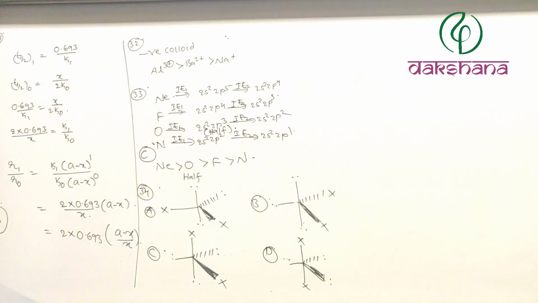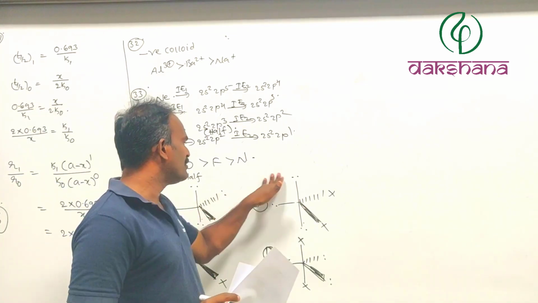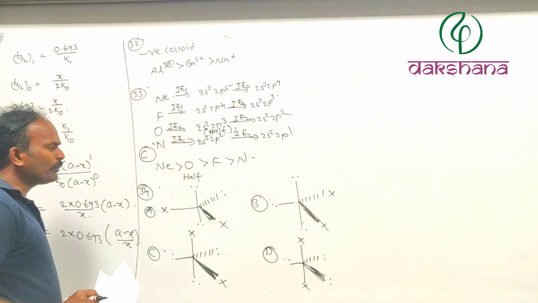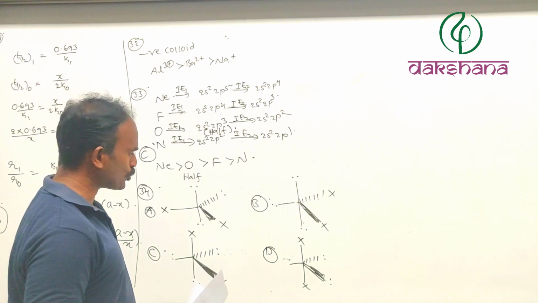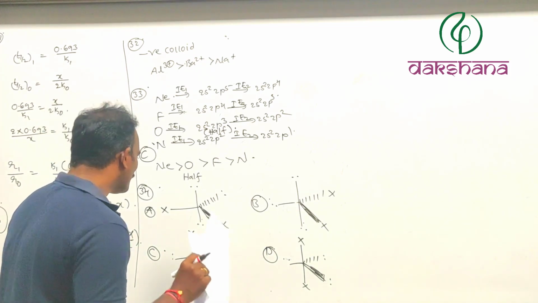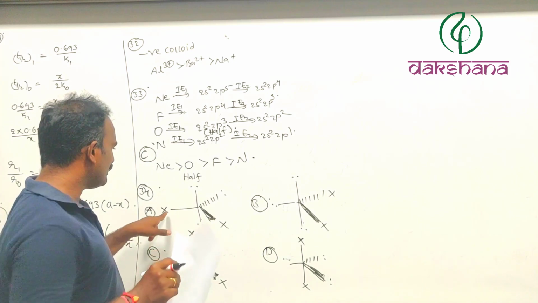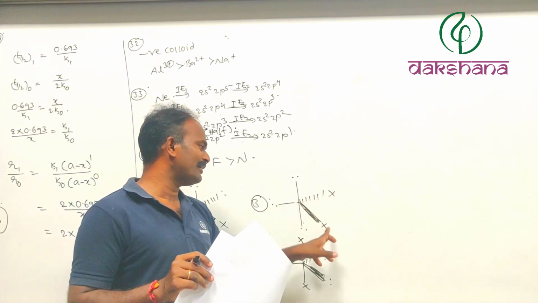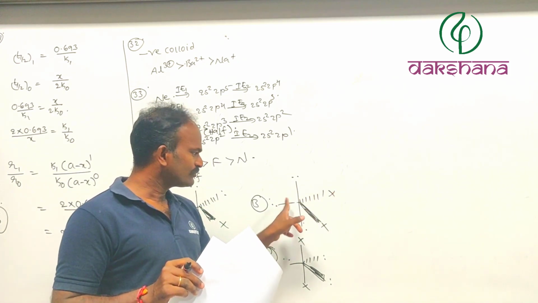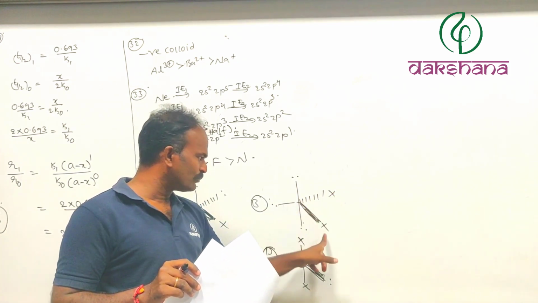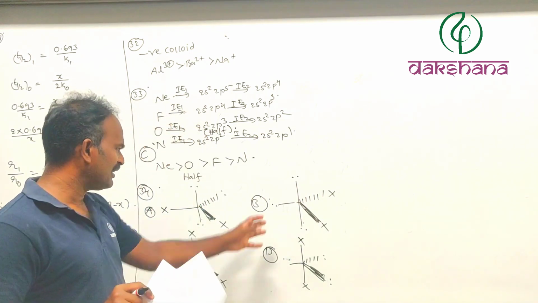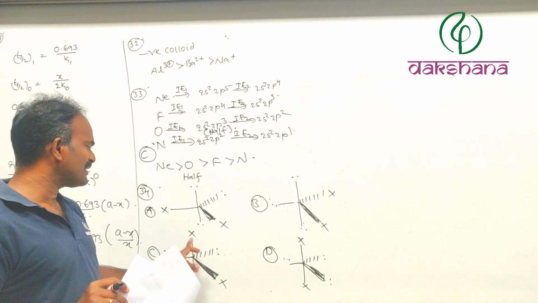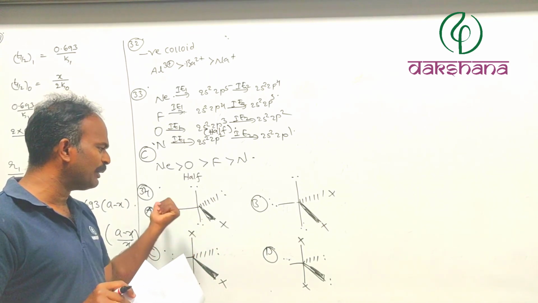When you see these options according to VSEPR theory, the lesser the repulsions, the more the stability. Lone pair repulsions are always stronger. Now if you look at these, these are at 120 degrees angle, these are at some 45 degrees, or a little more than 45, around 60, and these are around 120 but on two different planes.